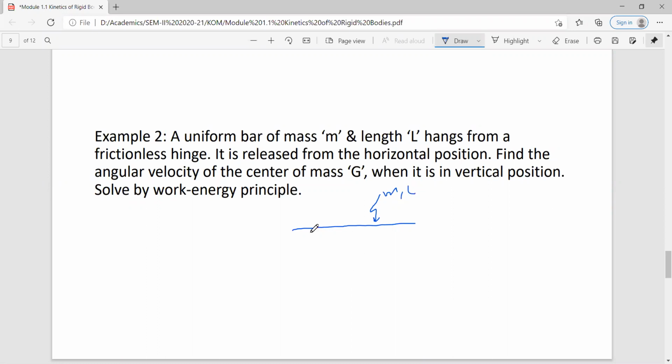As the bar is uniform, you can assume that it is uniform in cross section, okay. Same cross section is there.